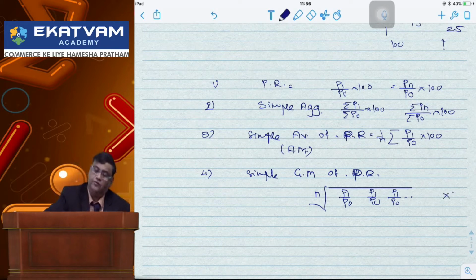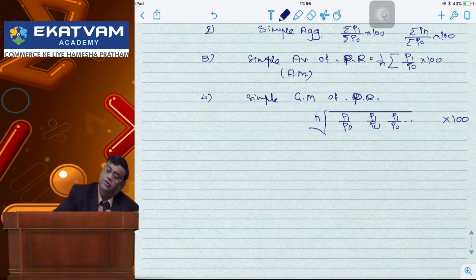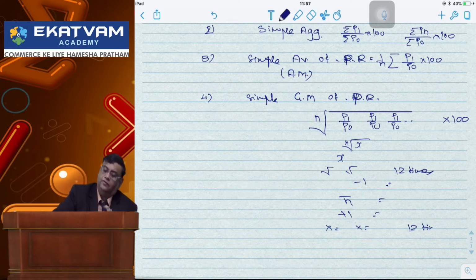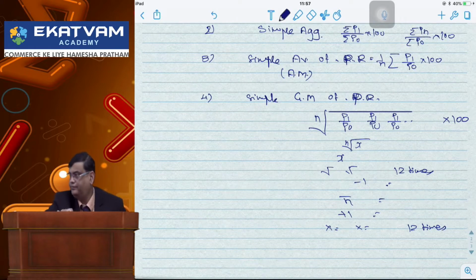And outside that will be into 100. But tell me, how do you find the nth root? So how will you find nth root of x? Using the calculator: x, root key 12 times, minus 1, divided by n, plus 1, and then root key 12 times again. That will give you the nth root.